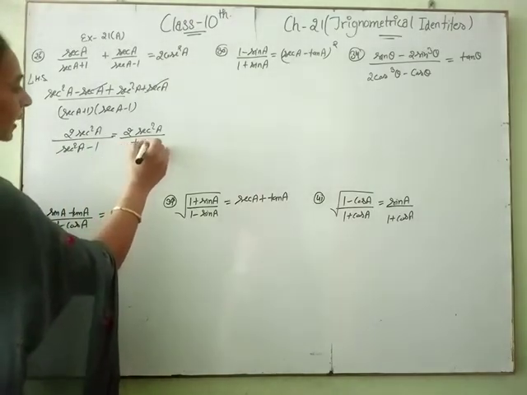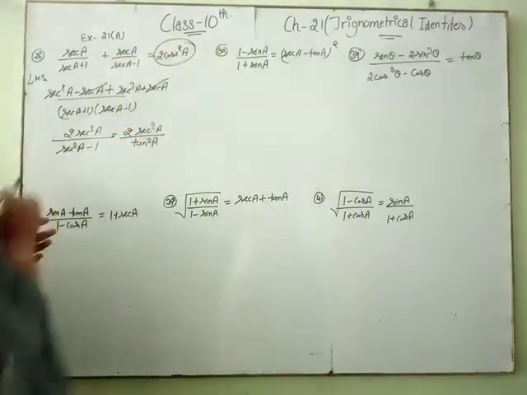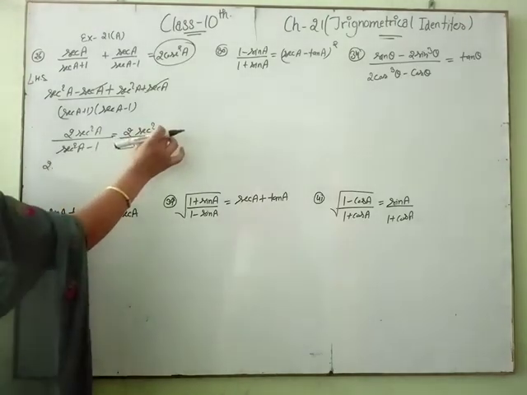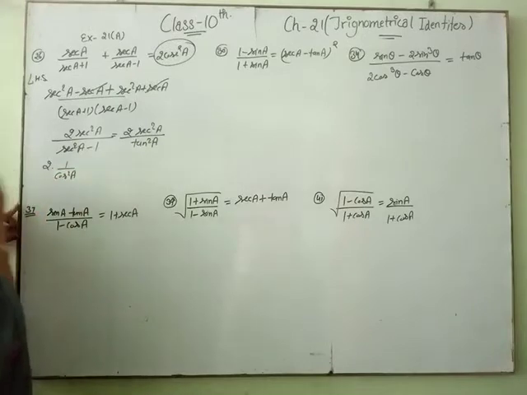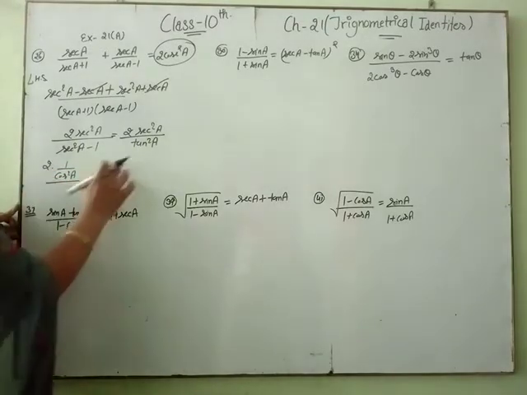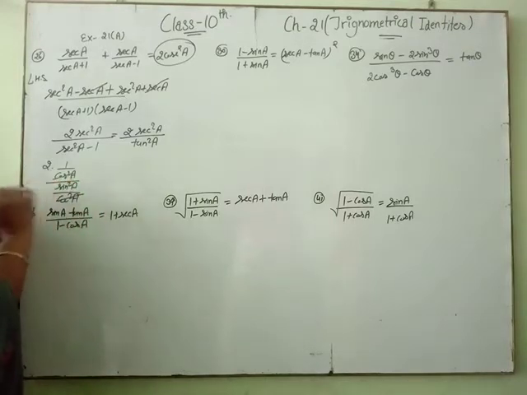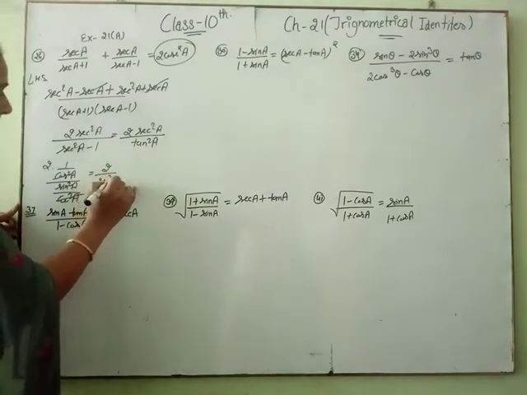This equal to tan square A. Okay, we find only cosecant square A. 2 into cosecant square A, 2 as it is. Secant, we write secant 1 by cos square A, and divided by tangent, sin square A by cos square A. This cancel, numerator 2 and in denominator sin square A.